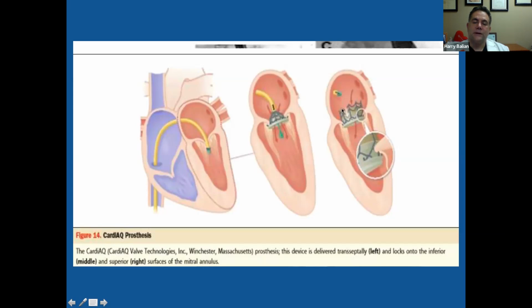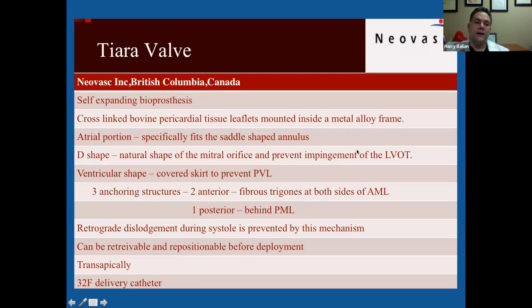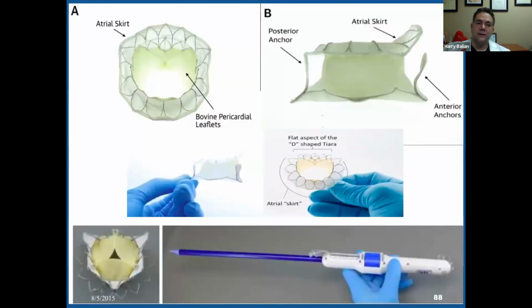And part of it is sitting in the left atrium, and the valve itself is right between the left atrium and the left ventricle. The Tiara is from Neovasc in British Columbia, self-expanding, with bovine pericardial tissue. It's in atrial position, specifically fits the saddle-shaped annulus, and has three anchoring structures, two anterior and one posterior. Here you see the atrial skirt, and then you have the actual valve, bovine, and then the actual anchoring system.